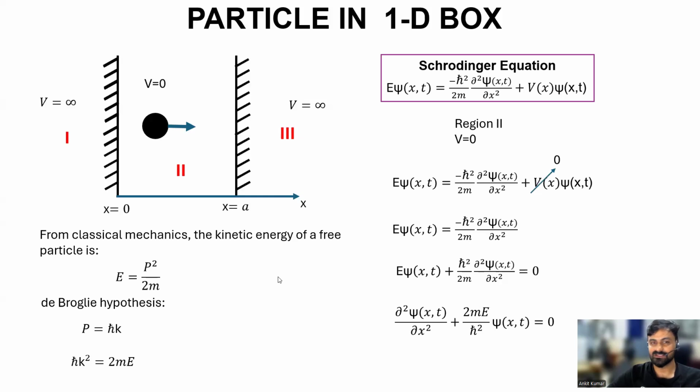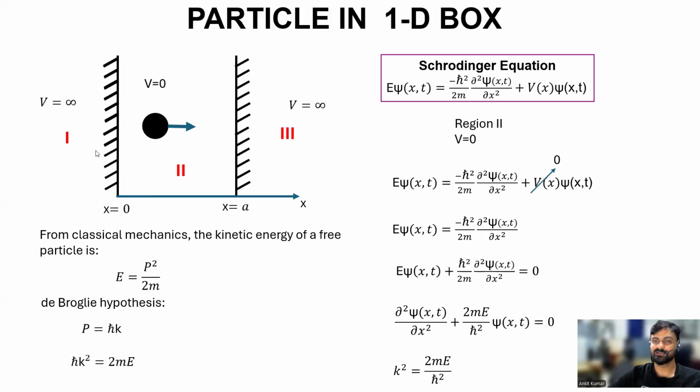Once we substitute these things, you get the value of k² equals 2mE divided by ħ². In the ordinary differential equation above, there is a parameter 2mE by ħ², and we can replace it with k². Then this equation is a symmetrical second order ordinary differential equation, and this can be solved using boundary conditions.